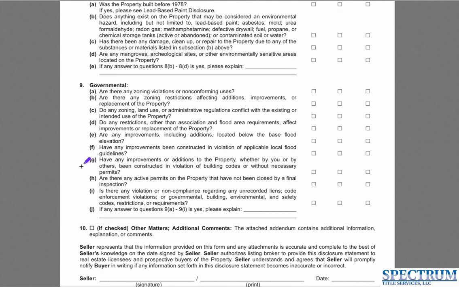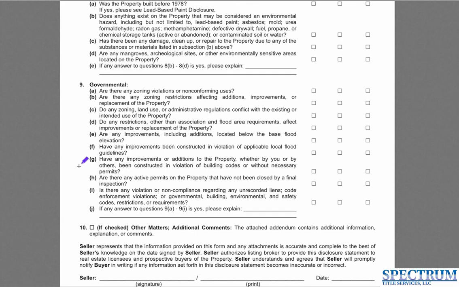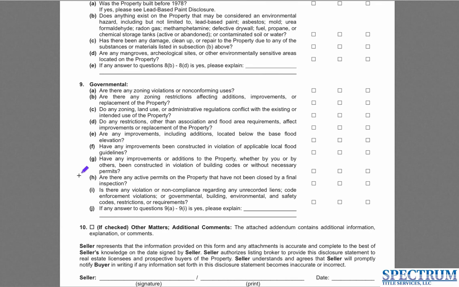G is pretty important. Have any improvements or additions to the property been made, whether by you or others, in violation of building codes or without necessary permits? So has there been renovations, a new kitchen, a new bathroom, something that would have required permits, and the seller didn't obtain them, or they know that a previous owner didn't obtain permits?